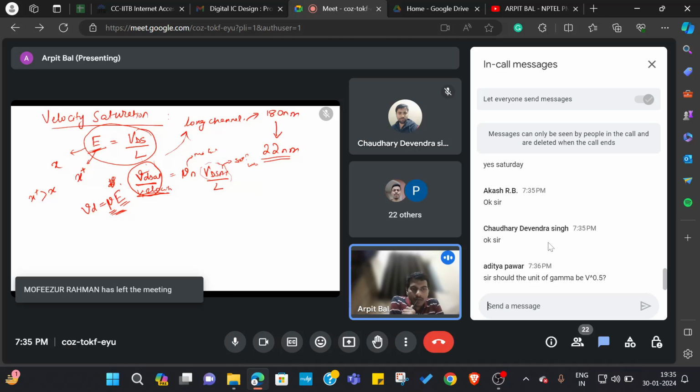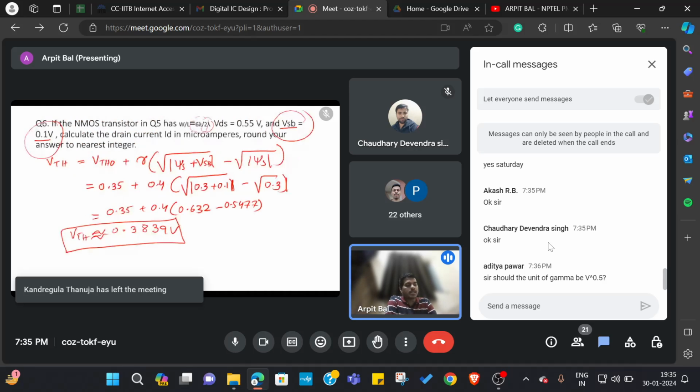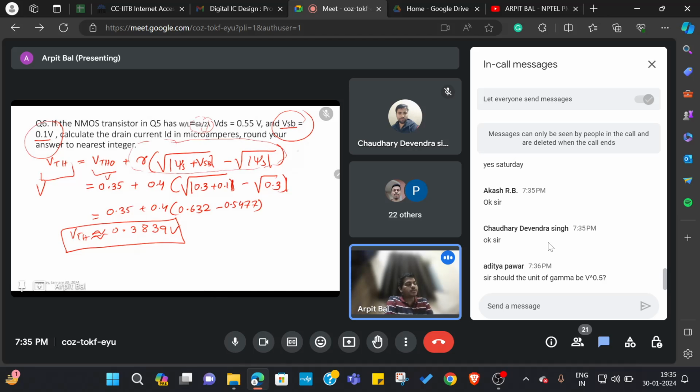Should the unit of gamma be V to the power 0.5? Okay, let's see. We will just do dimensional analysis here. This unit is V, and we need to add the same unit, so this complete unit should be V. Here there is a VSB, so this unit will be V. This complete unit is square root of V. So what should be the unit of gamma such that the complete unit of this term is V?